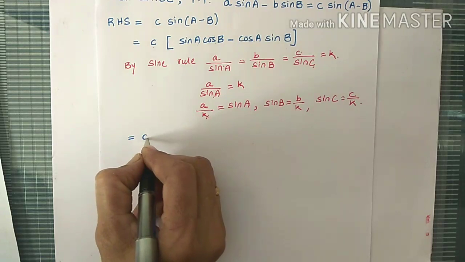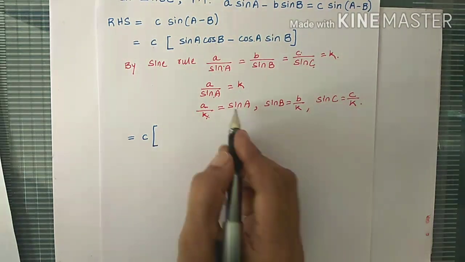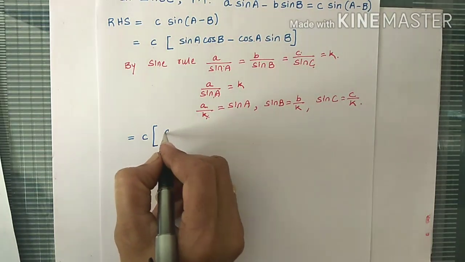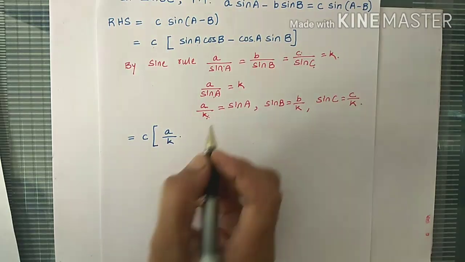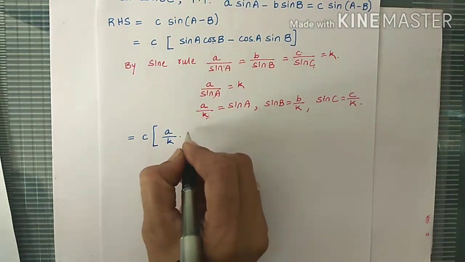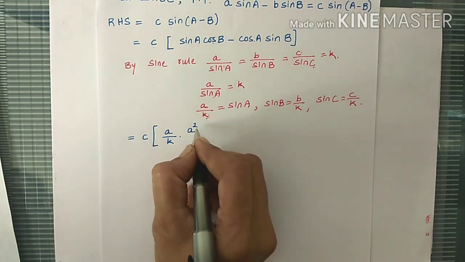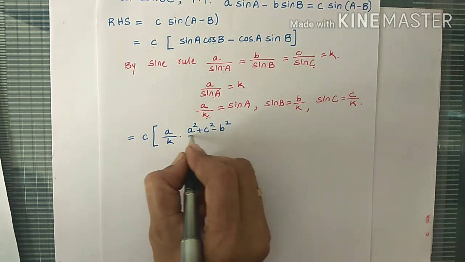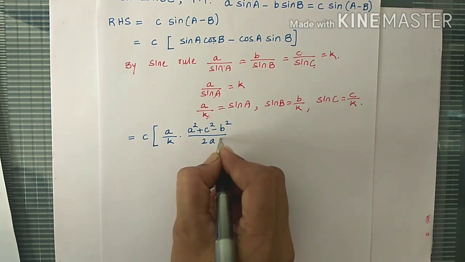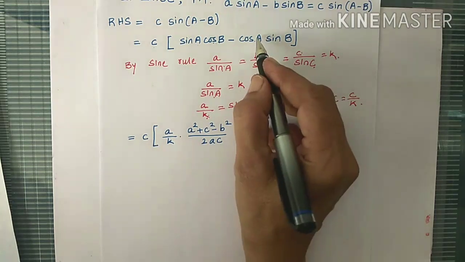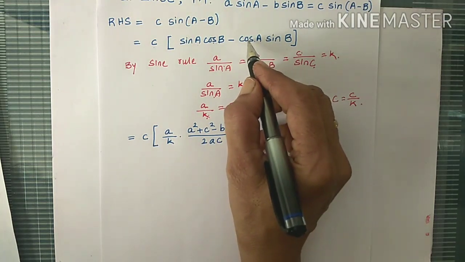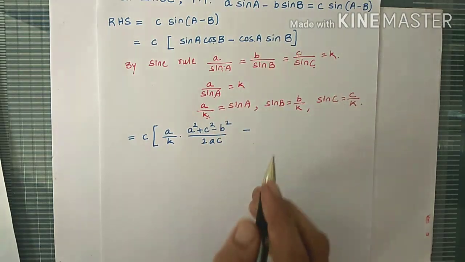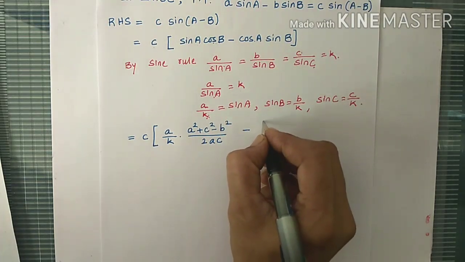So this one is c sin A. Sin A is a by k now. So a upon k into cos B. Cos B is a square plus c square minus b square upon 2ac, minus cos A. Since it is cos A, a square is the last term, so write the remaining terms first.